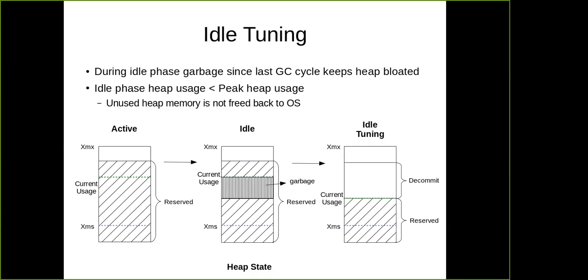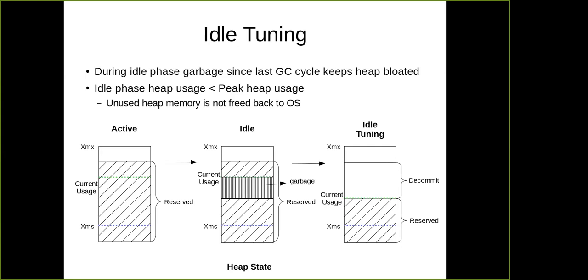Reserved means this much heap memory is actually backed by physical pages. Then your JVM at any point in time will be using some amount of heap memory for allocating objects. That is indicated by the green bar, which indicates the current usage of your application.